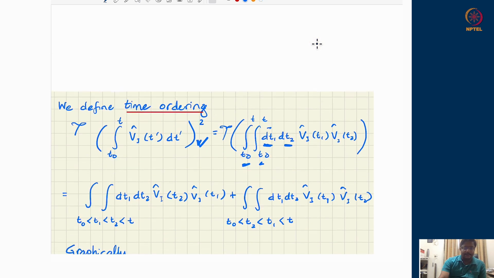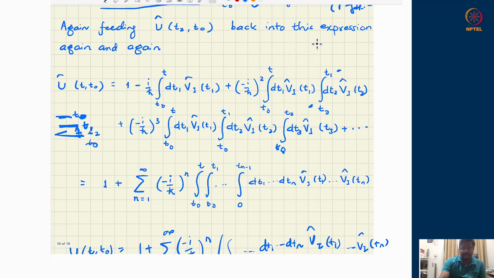Remember, in our expression we do not have this square. We have, for example, in the double integral, the first limit running from t0 to t, while the second limit runs from t0 to t1. Or you can interpret it the other way: the dt2 integral runs from t0 to t1, while the dt1 integral runs from t0 to t. So they are not running over the same limit.